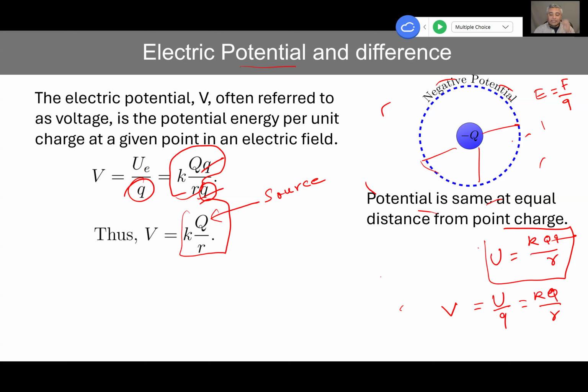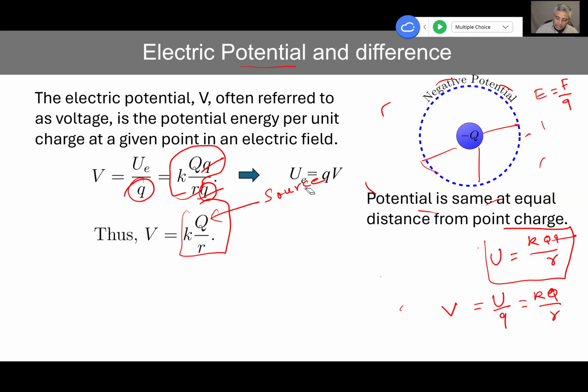But it's like you can talk in terms of force, you can talk in terms of energy. Same idea here. We learned how to talk in terms of force and field in the last two classes. And here we are learning how to talk in terms of energy. And there is potential energy, and there is simply potential energy per unit charge, okay?